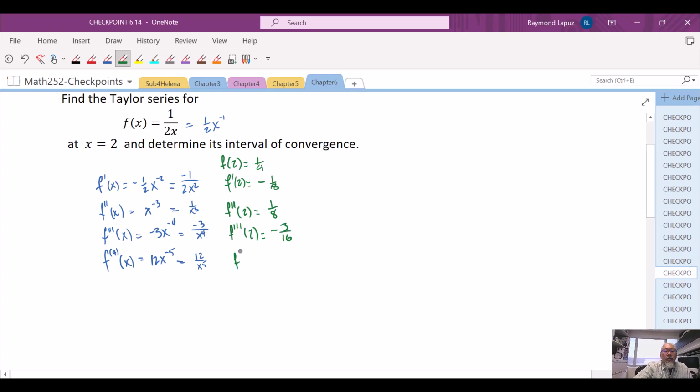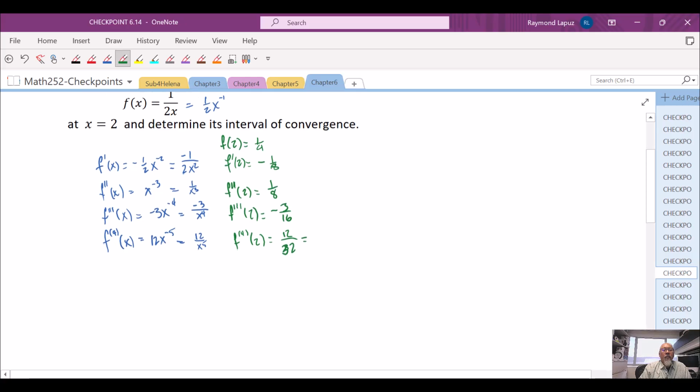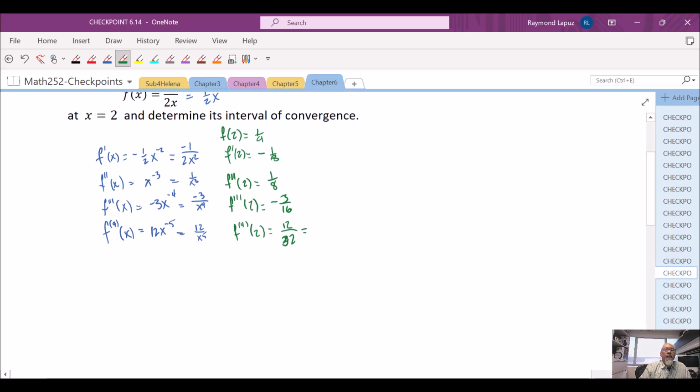And then the fourth derivative evaluated at 2 is going to give us a 12 divided by 32. I think that simplifies a little bit. Let's keep it as 12 over 32 because there might be some information there that will help us when we build our polynomial or series.